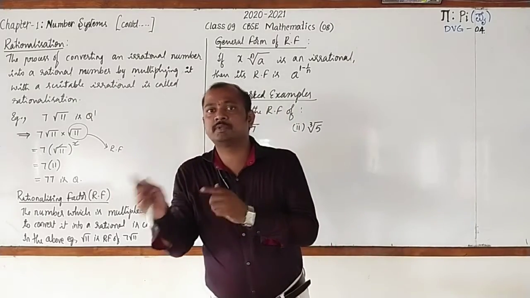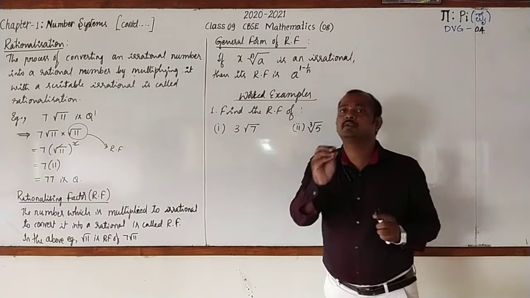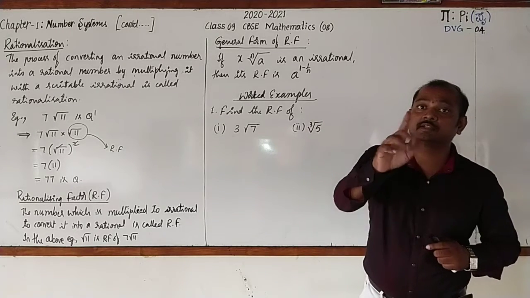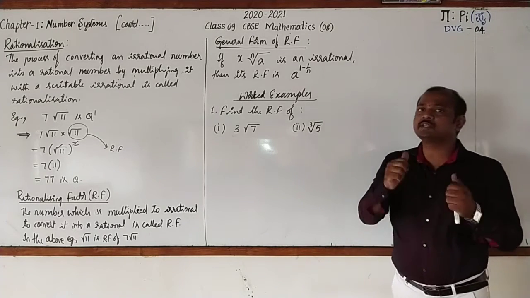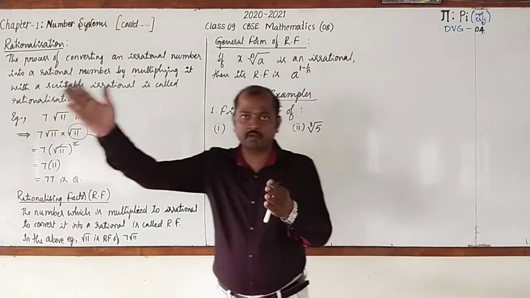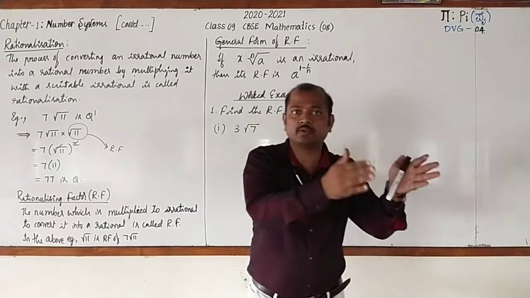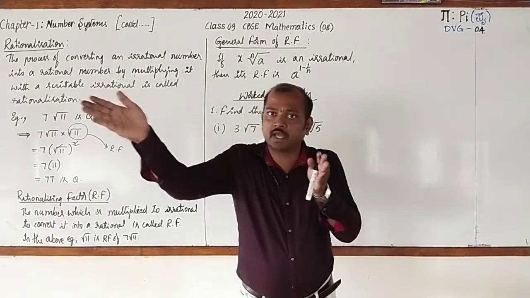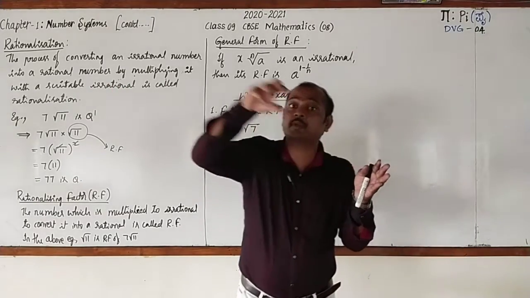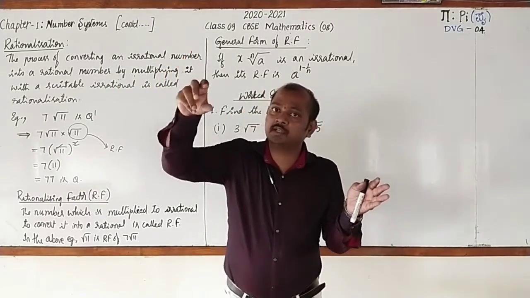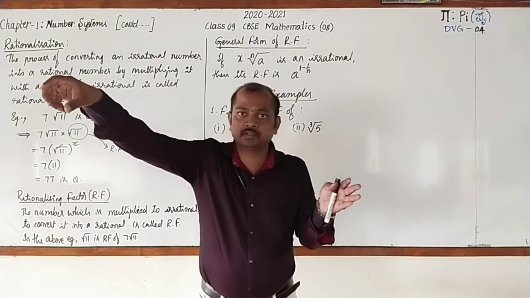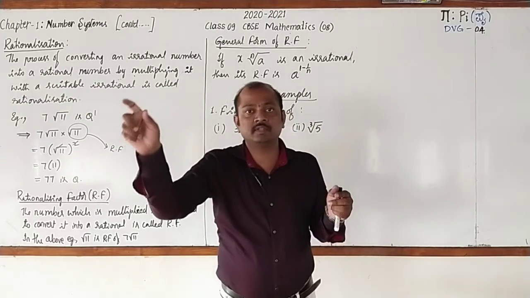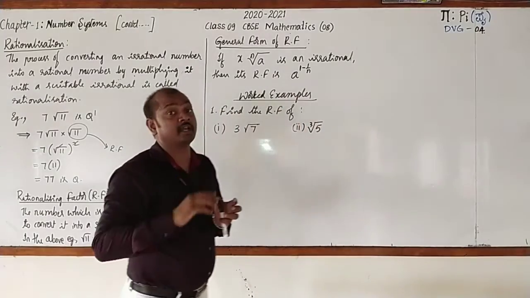And one more concept is there, I had given you a bit of introduction only, that is about rationalization. What is rationalization? If an irrational number is there, it should be converted into a rational number. For converting irrational into rational, we multiply another suitable irrational with the given irrational number. This process is known as rationalization.